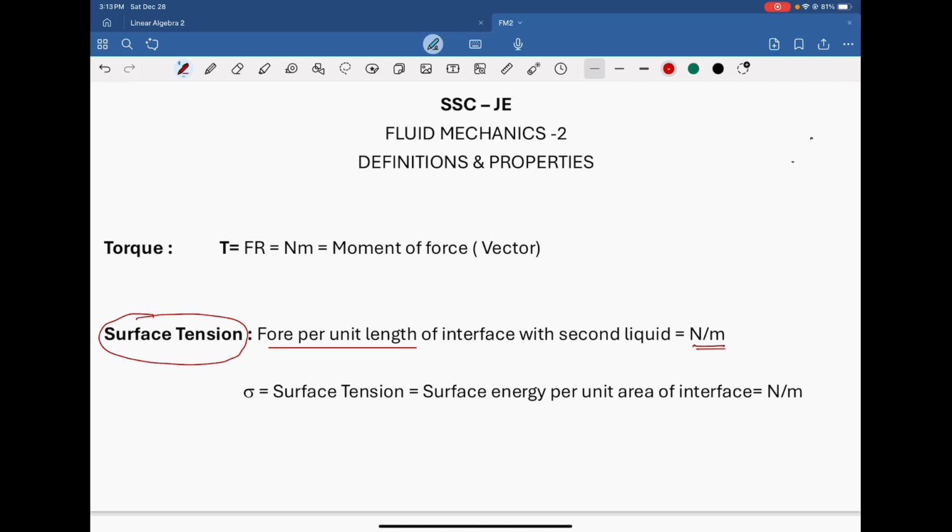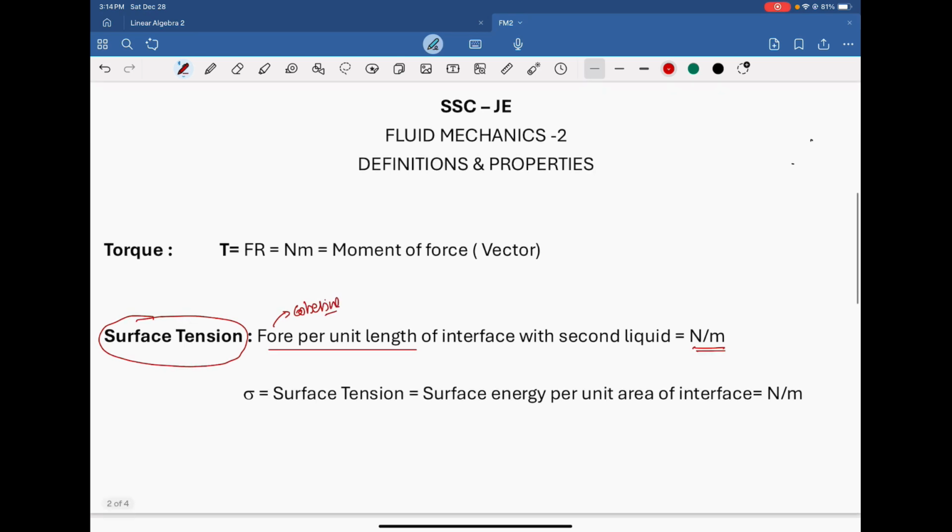What type of force is it? It is a cohesive force. Surface tension is due to cohesion. Please try to interrelate surface tension with cohesion.